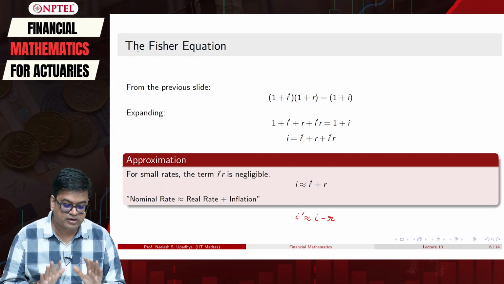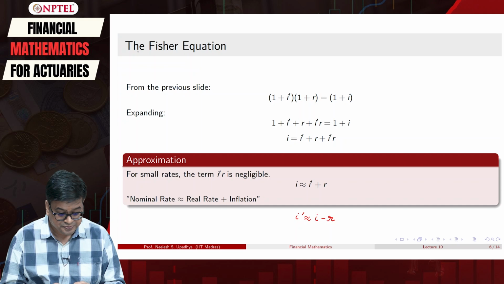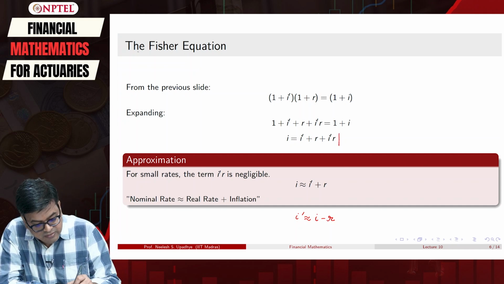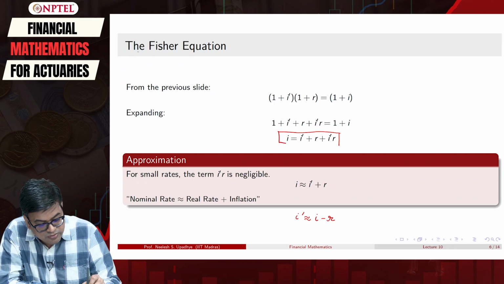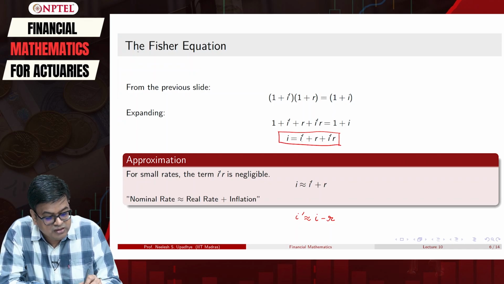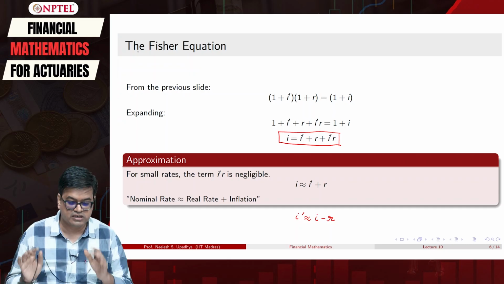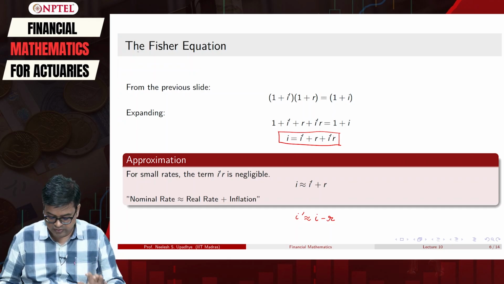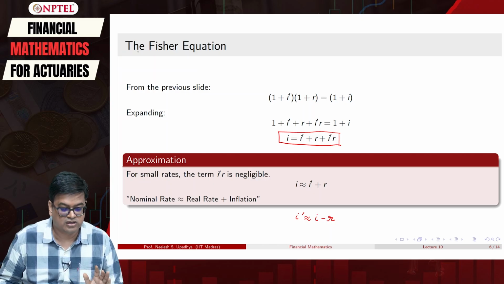I will make it more clear by giving an example. Right now, if you want to do something in an exam, this is the golden rule: I = I' + R + I'R. There is no approximation here, it is the exact formula. So you always remember this and then solve the problem.